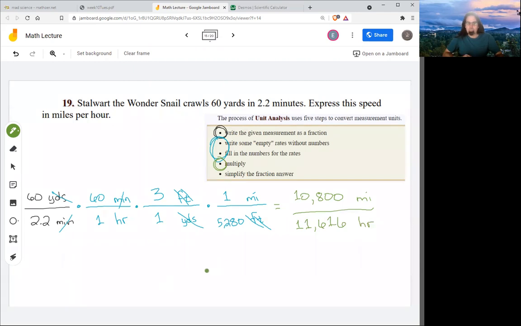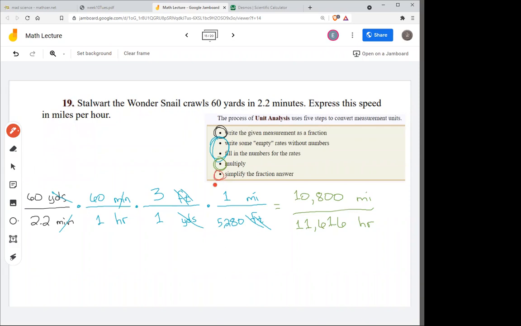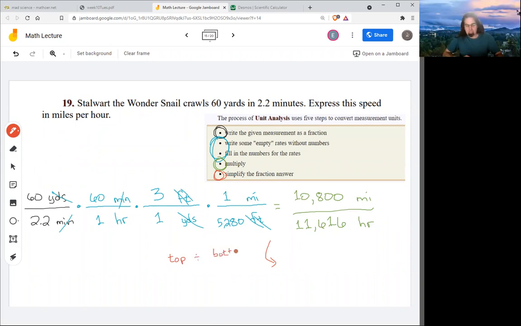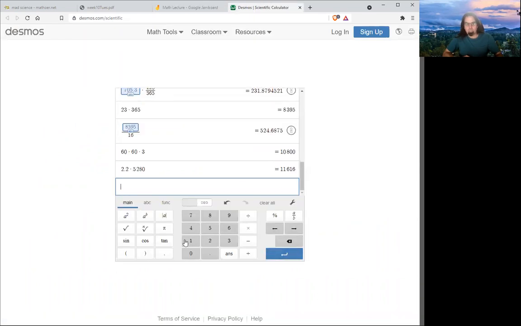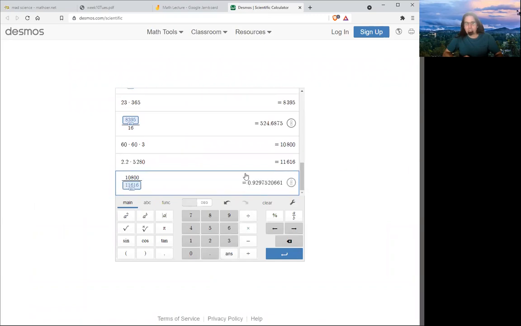Everyone okay with that step? Yeah. So 10,800 divided by the previous answer. So we're getting about 0.93.